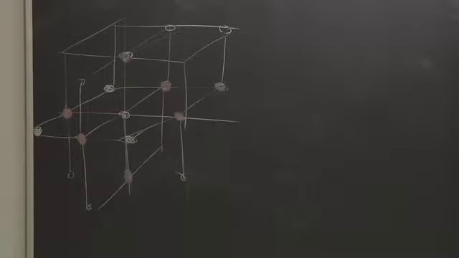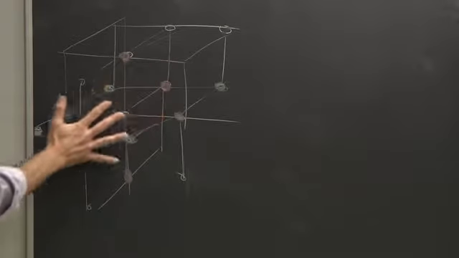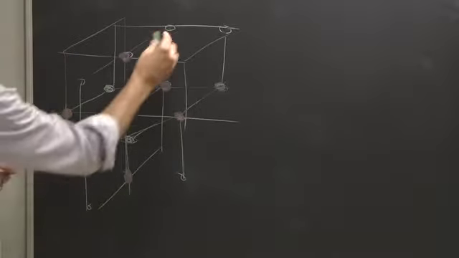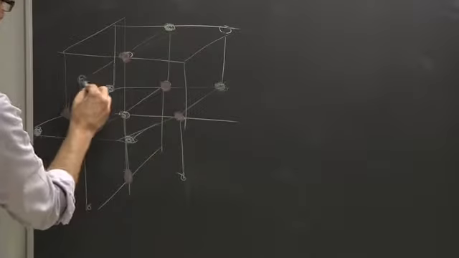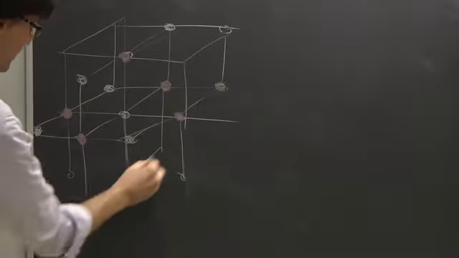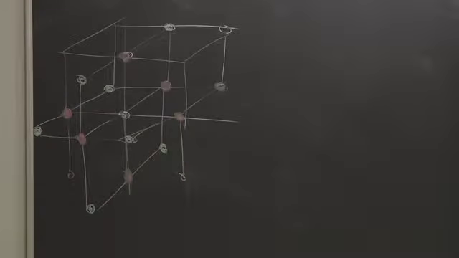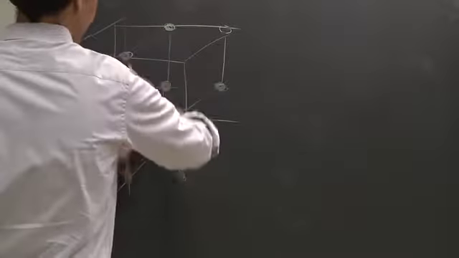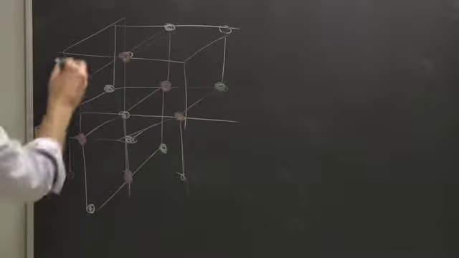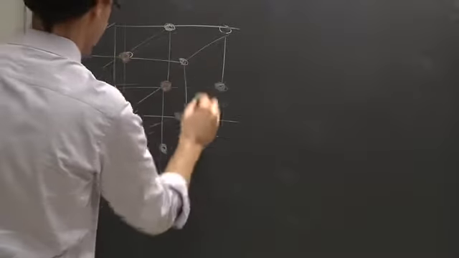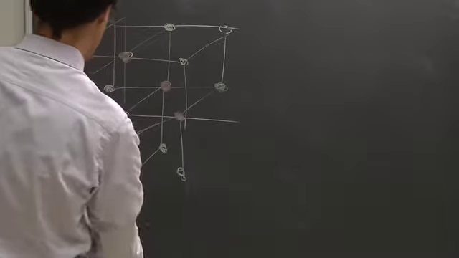But I can do this exercise for the 3 different planes, right? I can do the same exercise if I take the yz plane, and I will have this one, this one, this one, and this one, right? They are also at distance square root 2. Finally, I can do it for the xz plane, and I have this one, this one, this one, and this one.